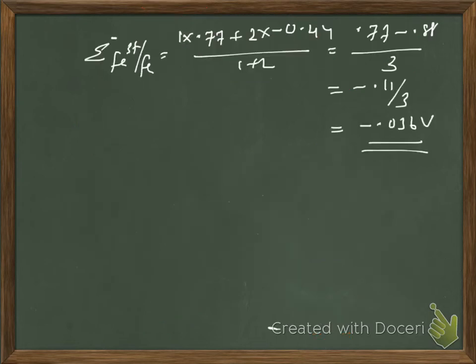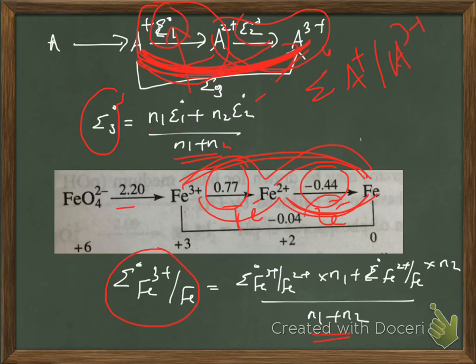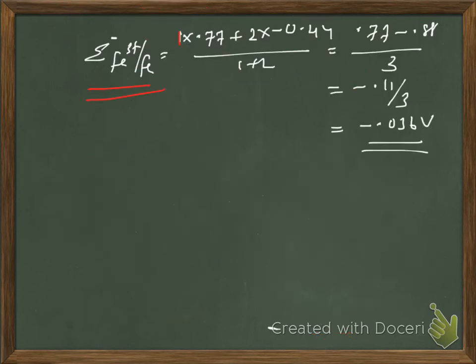Substituting it, E0 Fe3 plus bar Fe equals 1, the change in number of electrons, into 0.77, plus 2, meaning the change in number of electrons in the second case, into the potential minus 0.44. 2 into minus 0.44 means minus 0.88, plus 0.77, that means 88 minus 77, minus 11, or minus 0.11, divided by the total change in number of electrons: 1 electron in the first step and 2 electrons in the second step.